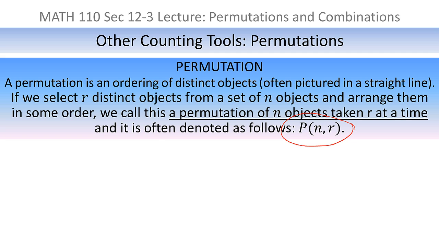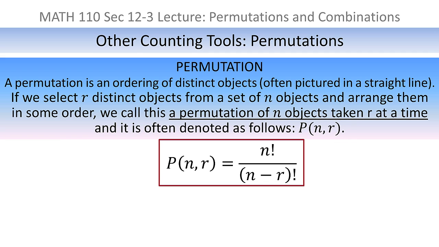Well, I've alluded to it, but what is that formula? Here it is. The formula is a little more complicated than just doing a factorial. You take the factorial of how many you're choosing from. So in the problem with Leia, Luke, Han, and Yoda, that would have been 4. So you take 4 factorial, which goes in the numerator, and then you take the difference between the number of objects and how many you're choosing at a time.